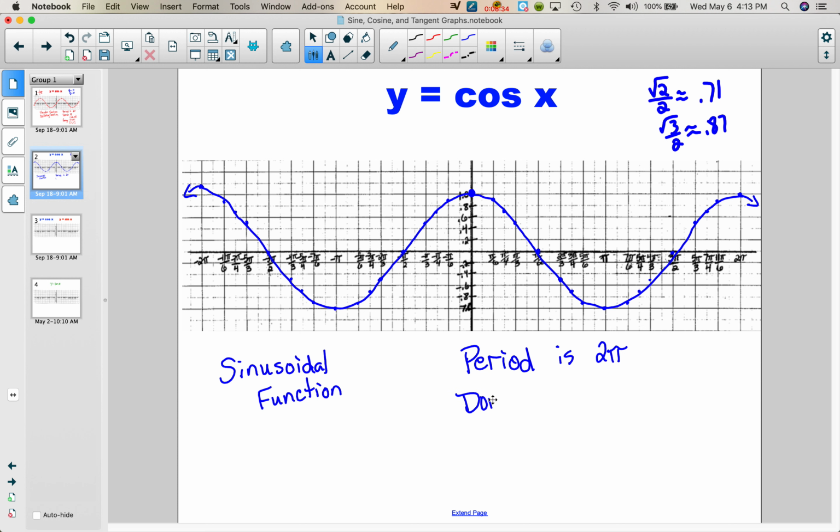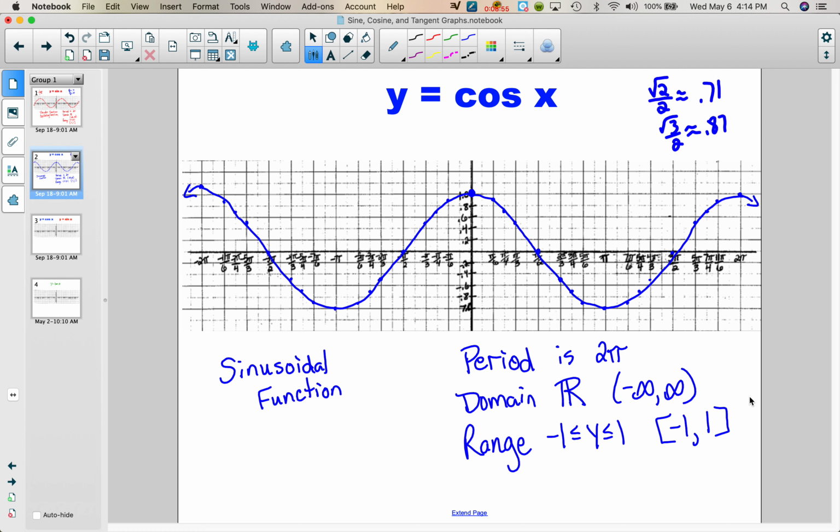The domain, again, we can plug in anything, so still all real numbers or negative infinity to infinity in interval notation. And the range, highest is 1 and the lowest is -1. Or in interval notation, from -1 to 1. Okay, so that is the cosine function.